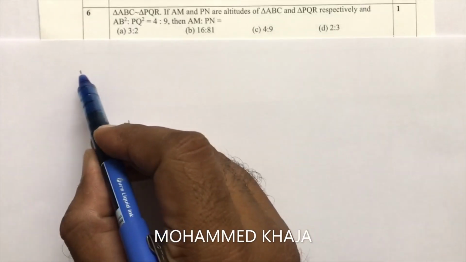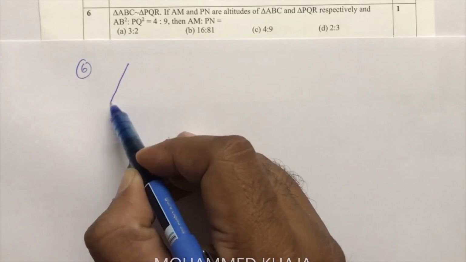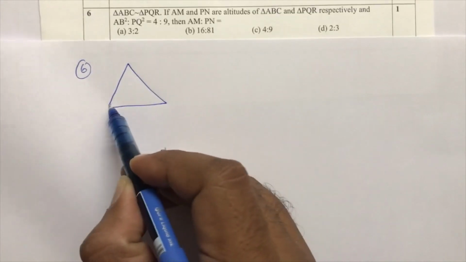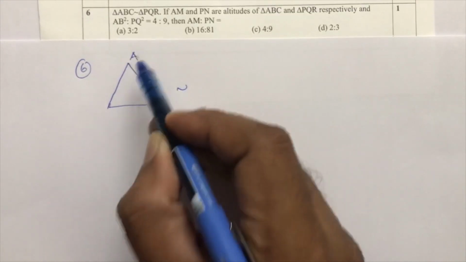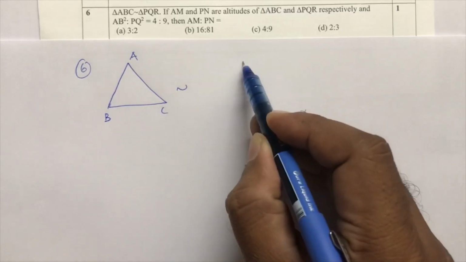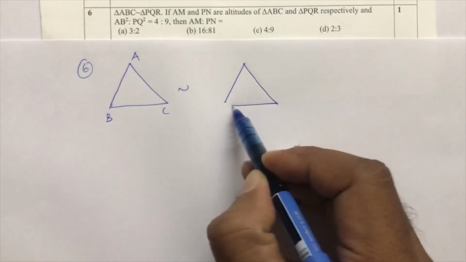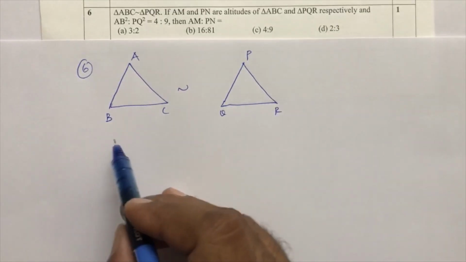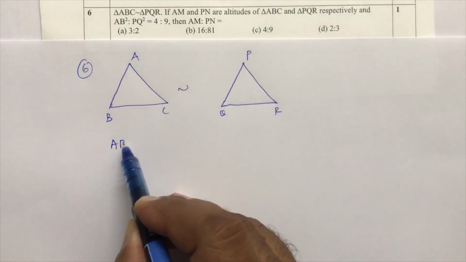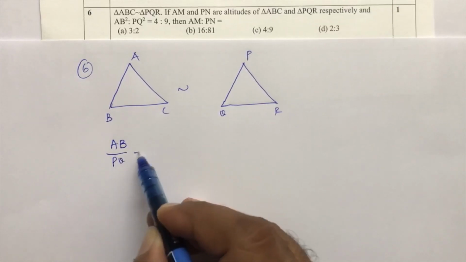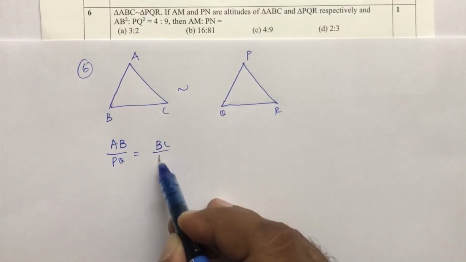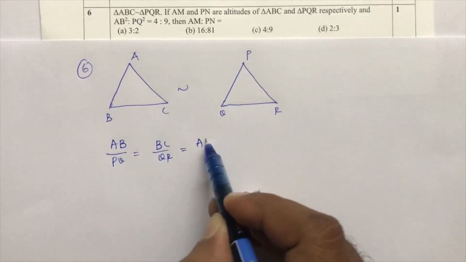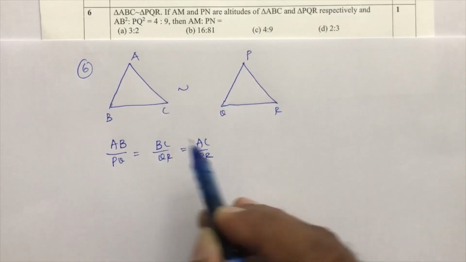So here sixth one, triangle ABC is similar to triangle PQR. If they are similar, corresponding sides are proportional. AB by PQ equals BC by QR equals AC by PR.